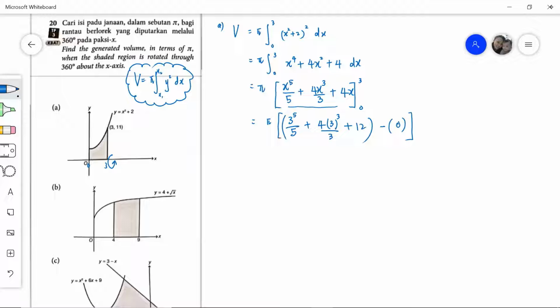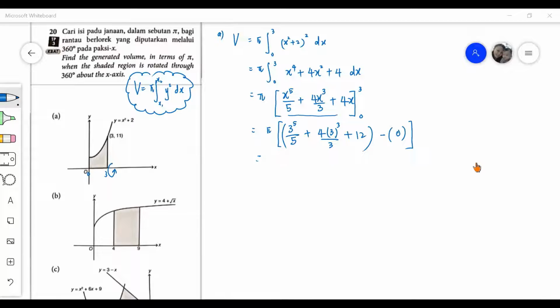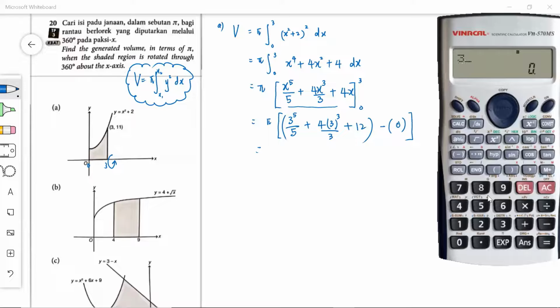With this, we need the help of the calculator. So we shall take 3 to the power of 5 over 5, plus 4 times 3 cubed divided by 3, so we have 3 squared, so 9, plus 12.